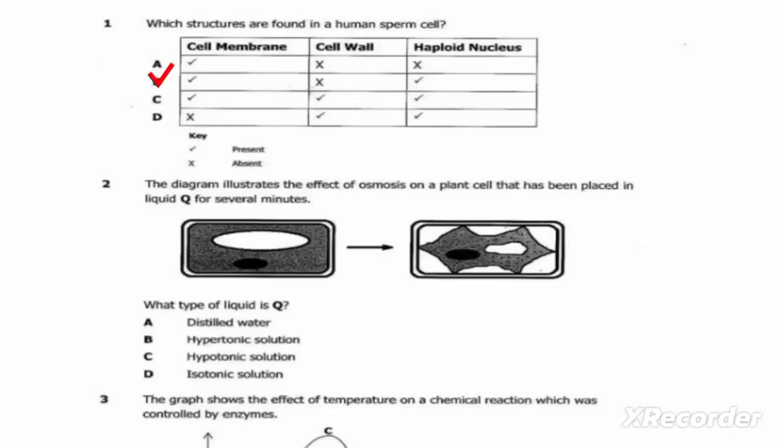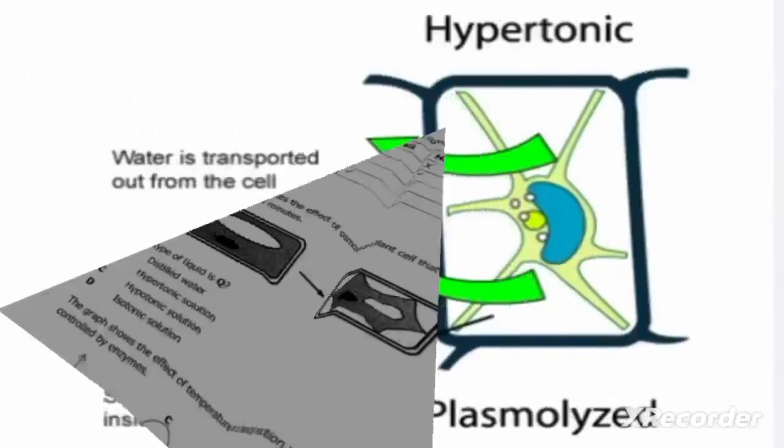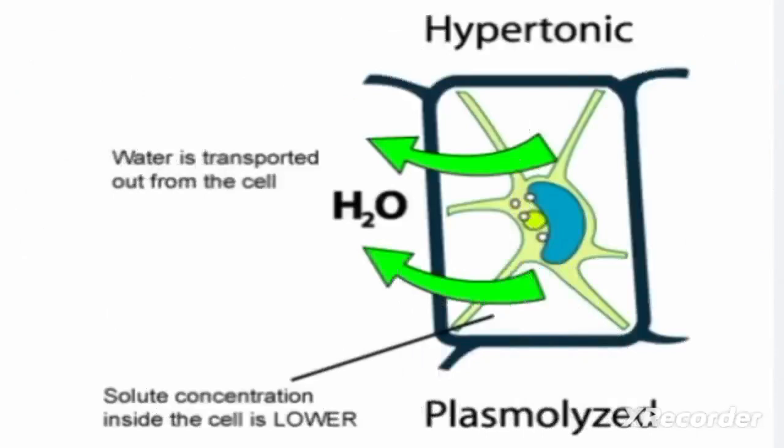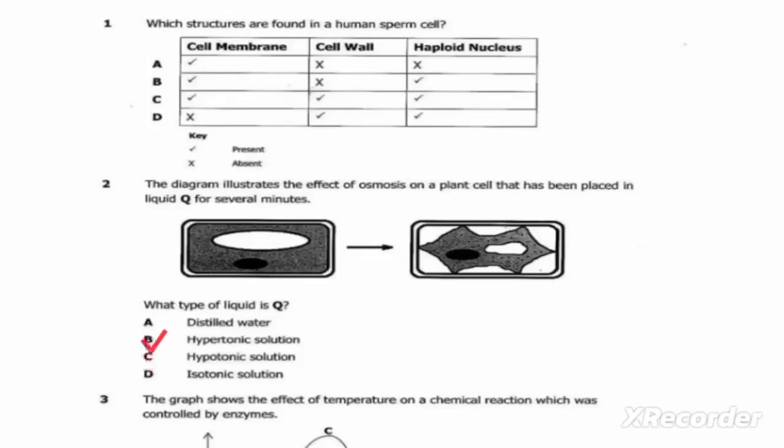A hypotonic solution is a solution that is less concentrated. So we conclude that the cell was immersed in a hypertonic solution, since water molecules are moving out of the cell. Therefore, our correct answer is B, hypertonic solution.